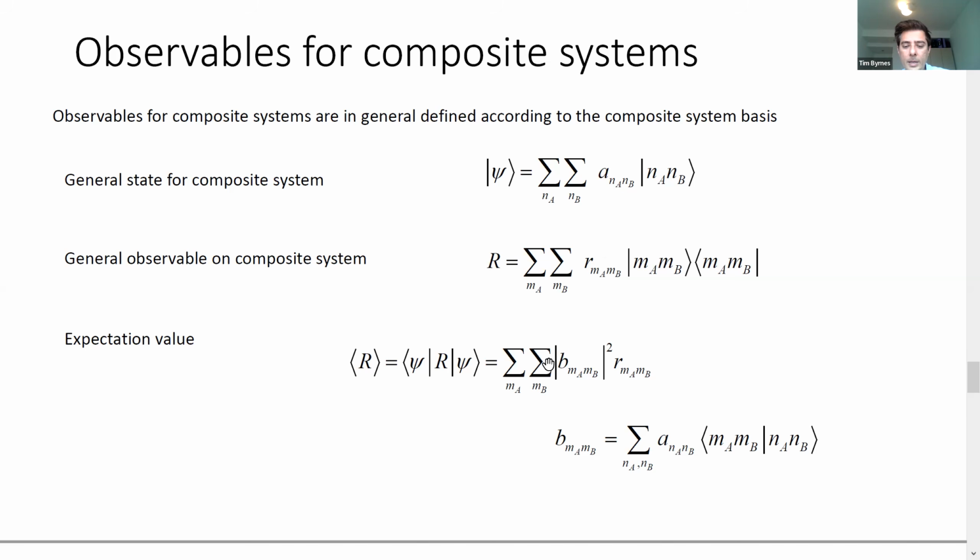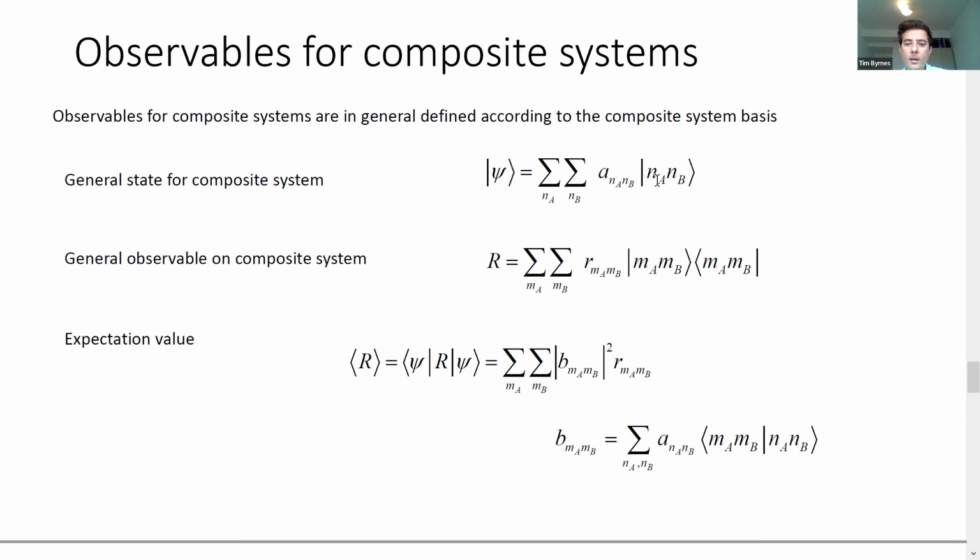So basically, we can view these coefficients. Remember these B coefficients, they came up when we did that basis rotation, when you rotate the basis of the wave function so that it goes from the original basis into the basis of the observables.